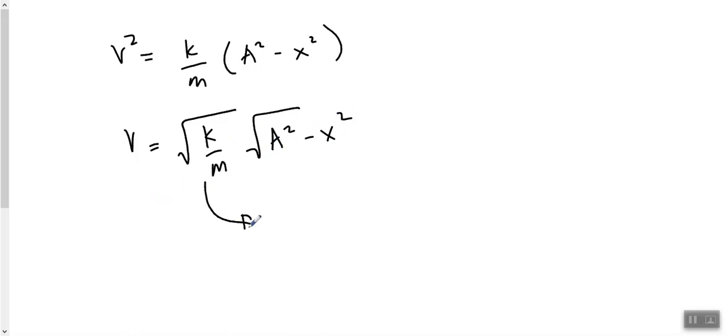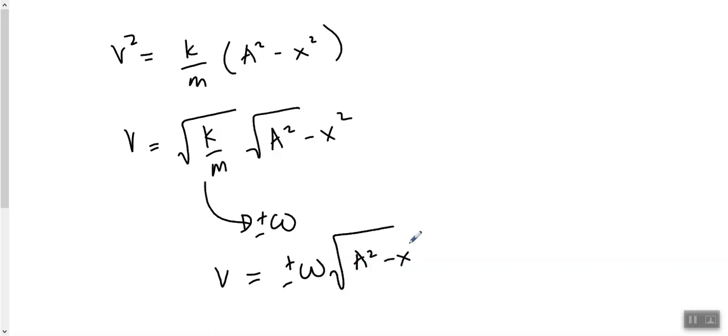This one, guys, is technically the angular velocity. You can find the derivation on this, but just take note of that. It's plus or minus in terms of the position, which we can now plug in as v is equal to angular velocity times the square root of a squared minus x squared.